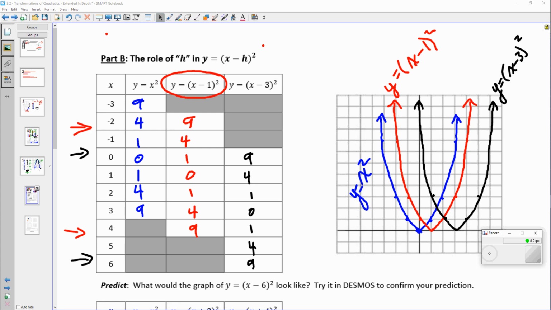Okay? So now I'd like you to take a look at the graph y equals (x minus 6) squared and tell me, what do you think it would look like based on the base image of y equals x squared? Could you tell me what actually happens?